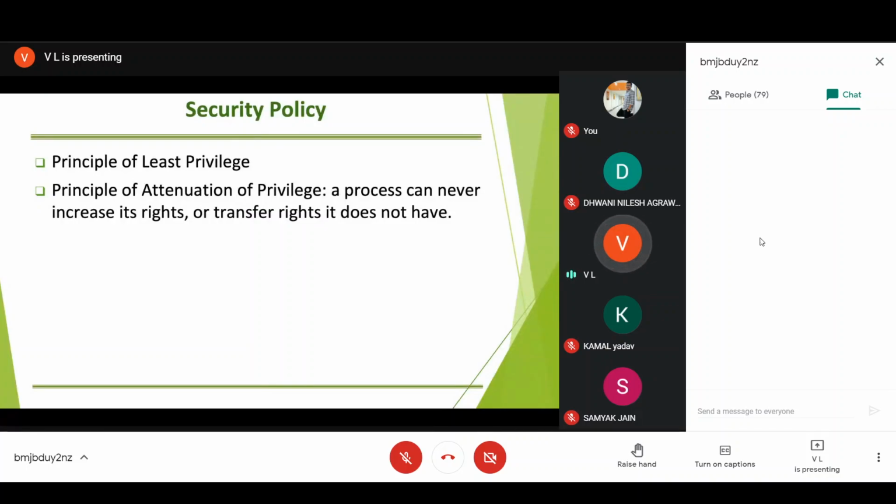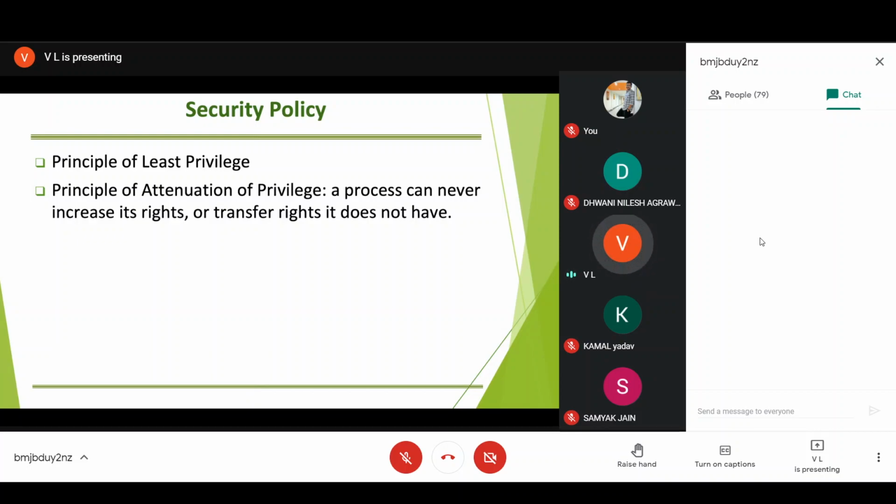Least privilege means that whatever is the least privilege level that can be associated with that operation should be allowed to the user. The user should not be allowed more privilege than is required to carry out an operation. So even if a user is allowed to complete an operation, he or she should not be allowed more than that.